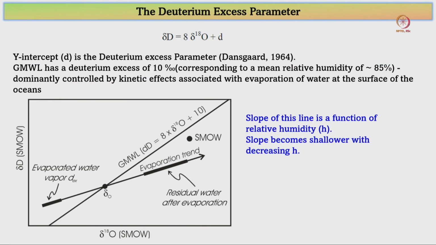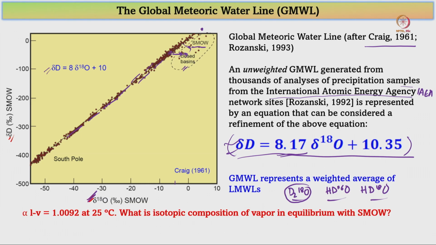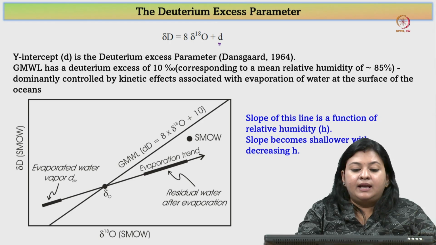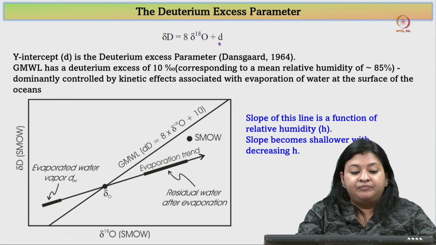Okay. Now, from this global meteoric waterline, we come to a value which is this value. So, this is called the slope and this particular value is given a term. Okay. So, this particular intercept, the y-intercept on the deuterium axis, is called the deuterium excess parameter. It was first named by Dansgaard in 1964, and in the global meteoric waterline that was given by Craig in 1961, the y-intercept, or the d value, was 10.